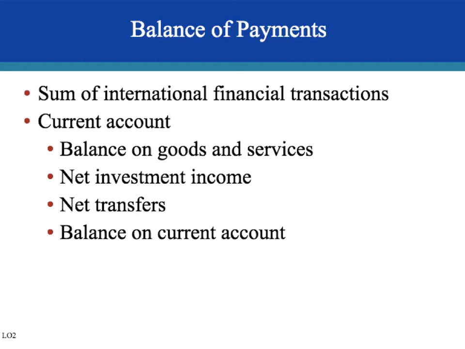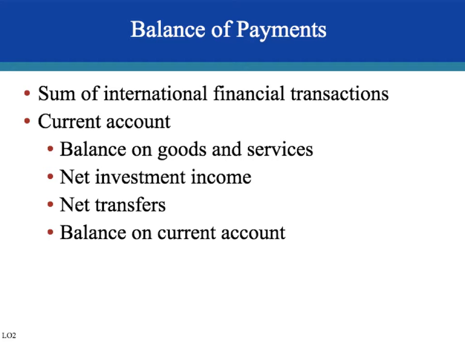So what the current account does is it takes into account the value of the goods the U.S. exports in a dollar amount, and how many goods in a dollar amount the U.S. imports. They do the same for services.